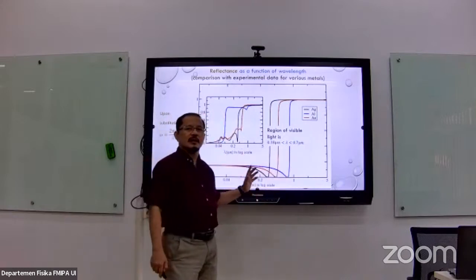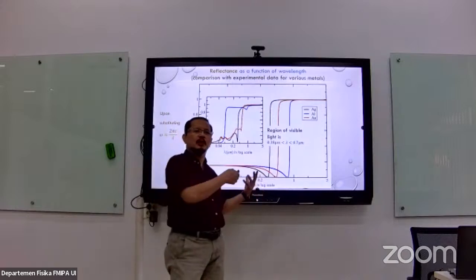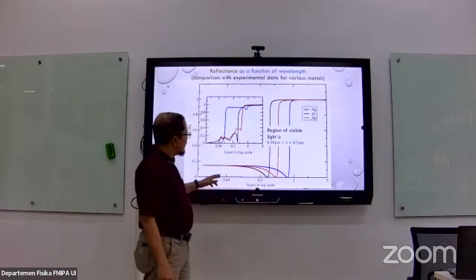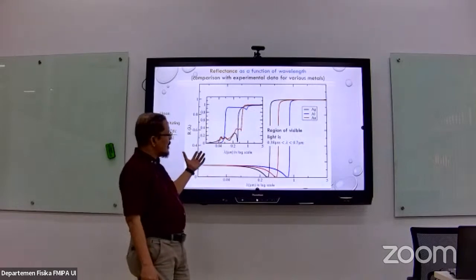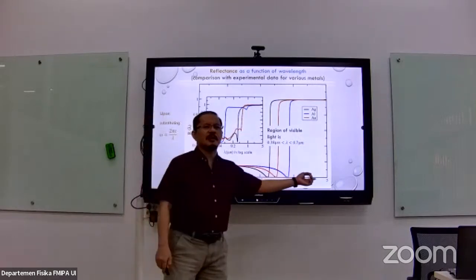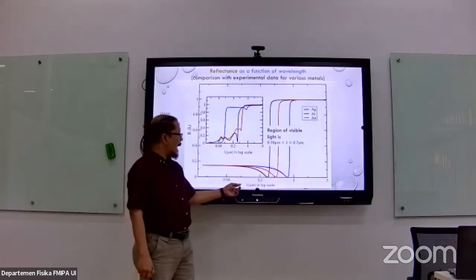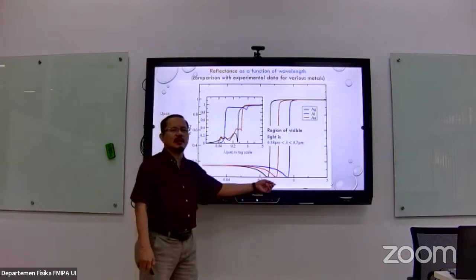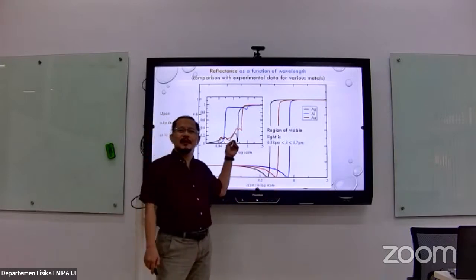The only difference is just the way I'm plotting it. Before, I plotted the curve against frequency omega. Now I'm plotting it against lambda, and I do it in the log scale. Why do I do this? Because experimentalists like to do it that way.